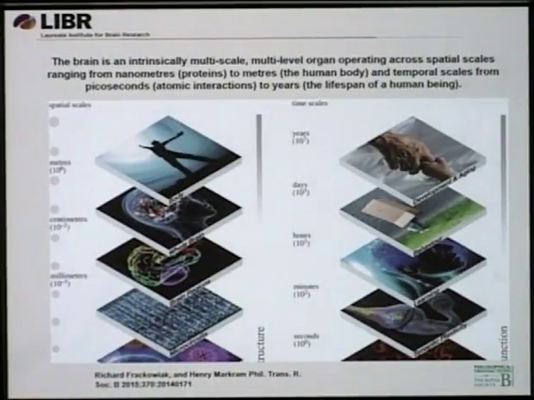So the brain is a very complex, multi-scale organ, and it operates on many different spatial and temporal scales. For example, this is our body, and we know the size of our body. Our brain is right there.